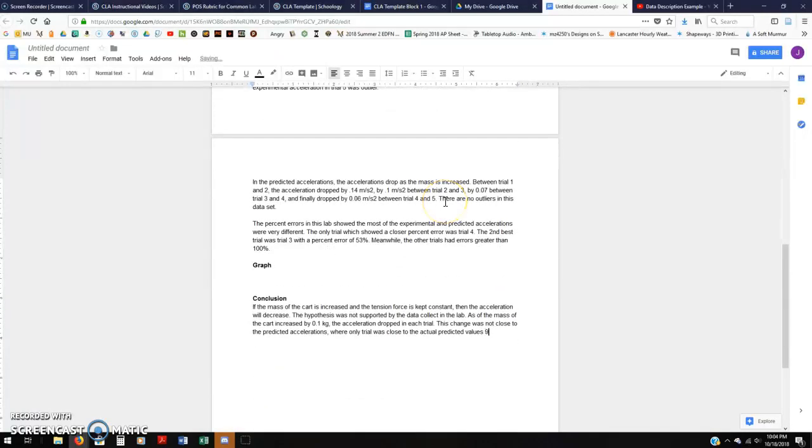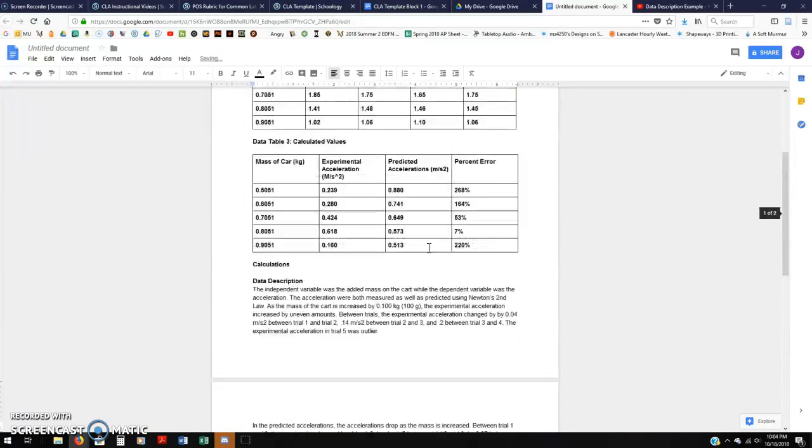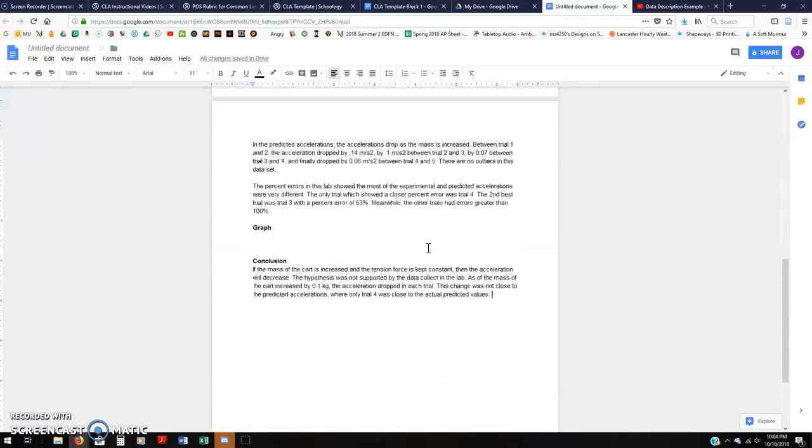And we can even say only trial, yeah, we'll say trial 4. That sounds pretty good. Okay. And we can actually back it up a little bit here and say the predicted acceleration were dropped.